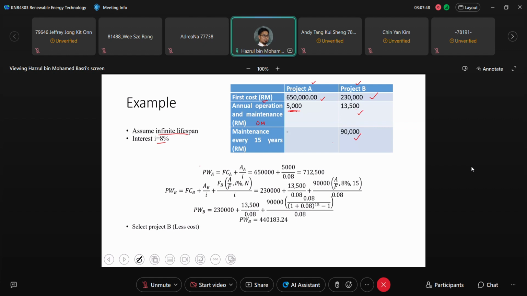From your opinion, let's say you don't have any basic knowledge about engineering economics. You give a wild guess. Which one of these projects will you go for? Is it project A or project B? Anyone wish to give a wild guess? If you give wrong answers, I will not deduct your marks. Don't worry.